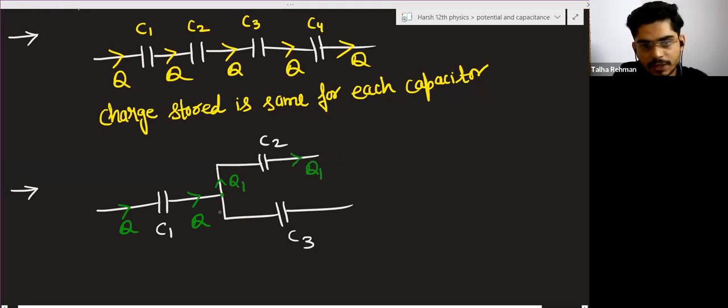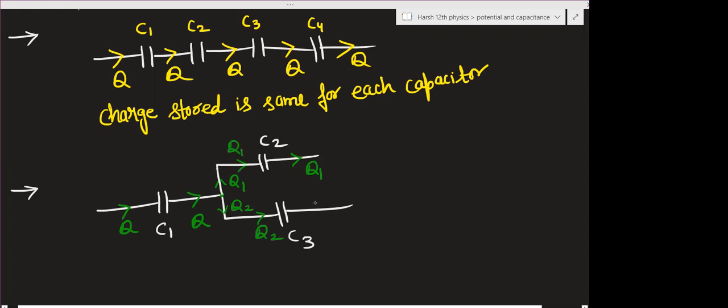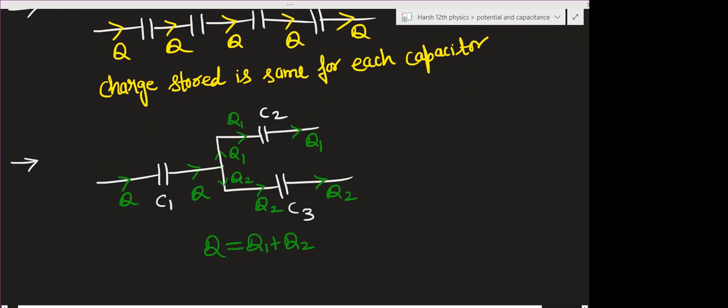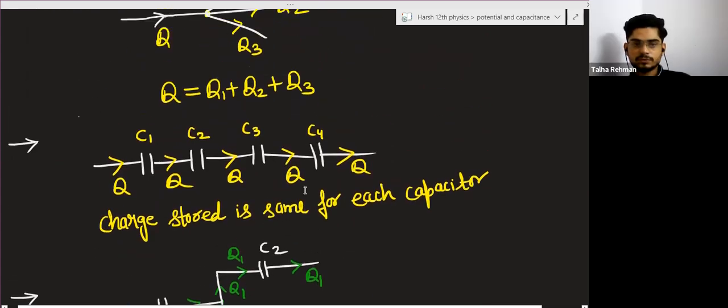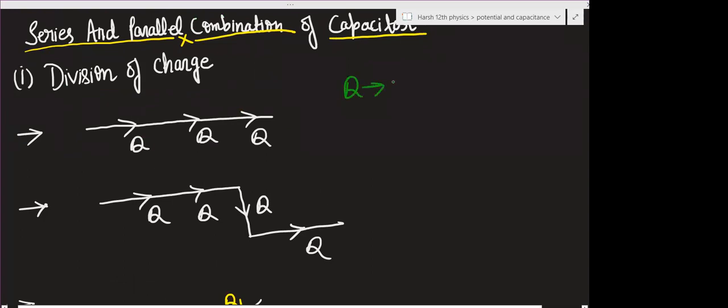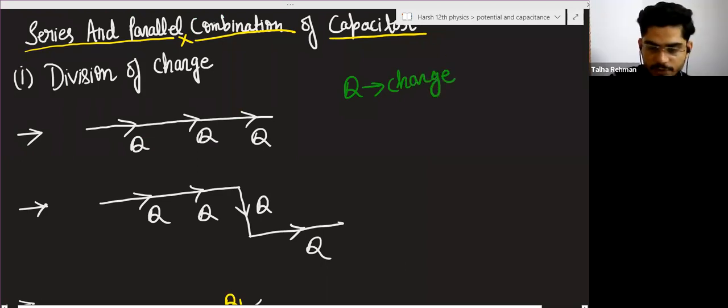Here again Q1, here Q2, and here also Q2, and here Q1. So from here you can write Q is equal to Q1 plus Q2, because charge is dividing from this point. Please note it down. Q is the charge flowing.